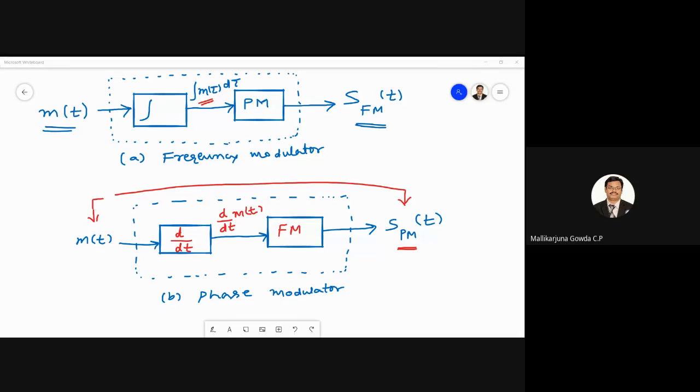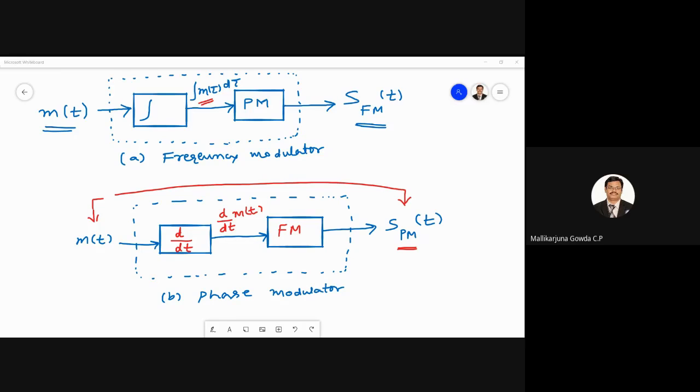And the quiz, you can take up the quiz now. It will be over by 11:50. Sir, in the frequency modulator, the message signal is integrated, whereas in the phase modulator, it is differentiated.